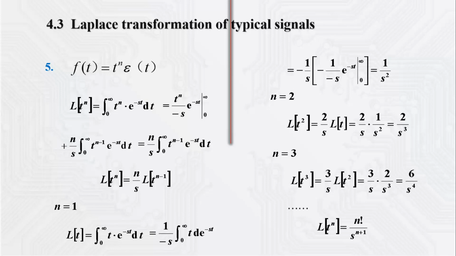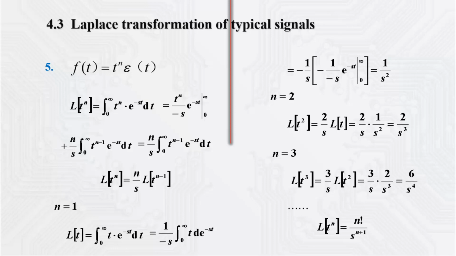You get the integral of t to the n times e to the power of negative st from 0 to infinity. According to the integration by parts method, you can get its integral value, as shown in the formula. The integral from 0 to infinity has a value equal to n over s.